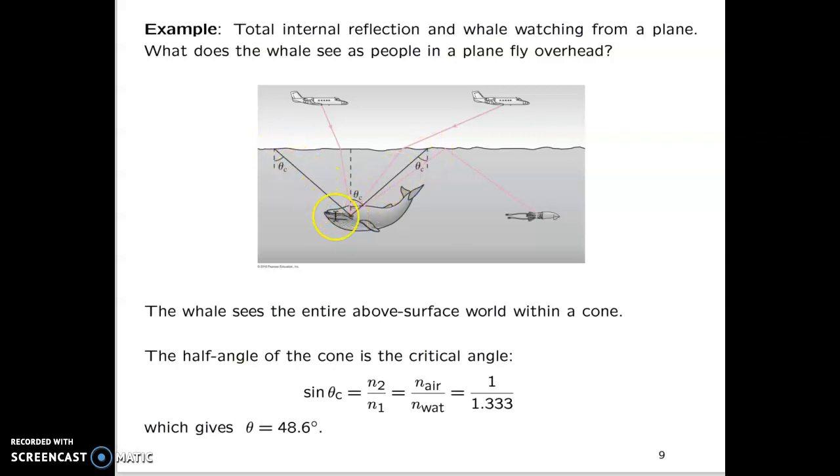Okay, so it's a triangle in this figure, but you have to think in 3 dimensions. In 3 dimensions, it would be a cone. Okay, so all the light will fall between this bound and this bound in this 2-dimensional cross section of the 3-dimensional situation.